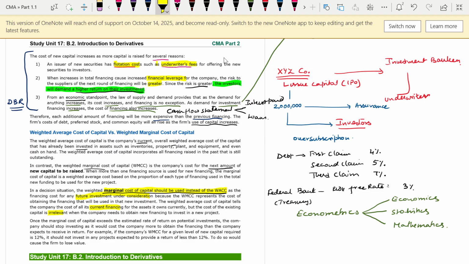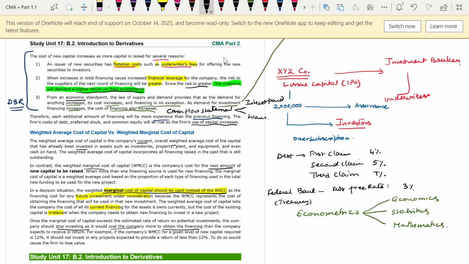Once the marginal cost of capital exceeds the estimated rate of return on a potential asset, the company should stop investing, as it would cost more to obtain the financing than it expects to return.